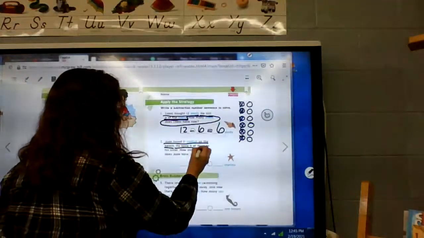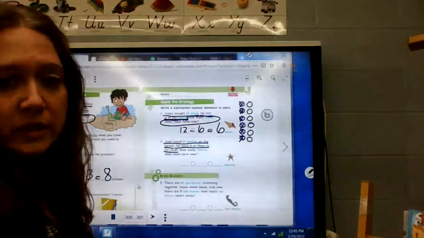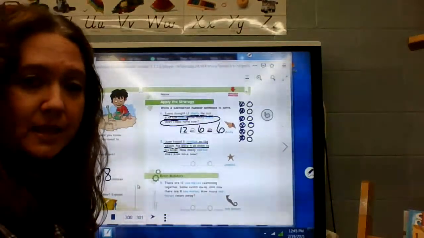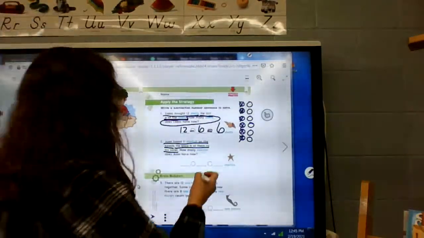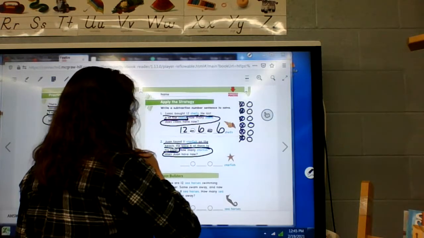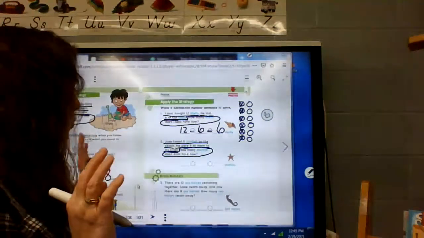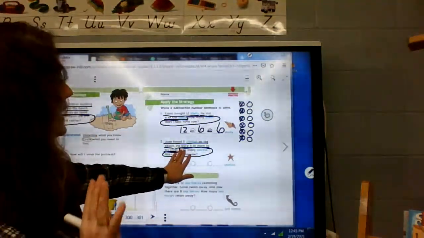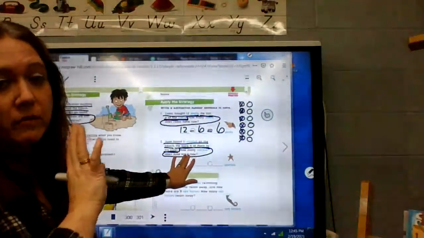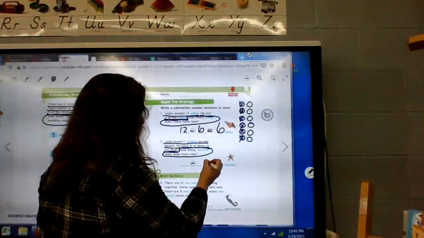We know he gave 4 of them to his sister. And what do we need to find out? What question are they asking us? How many starfish does Juan have now? Okay, so we know it's subtracting because he gave them away. He gave some of them away. So we're going to have minus and equals.